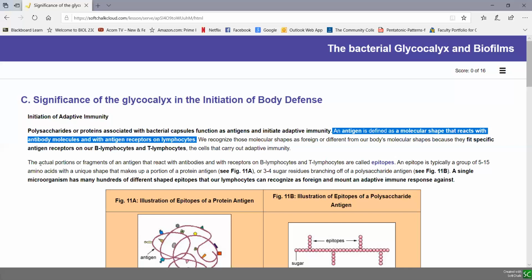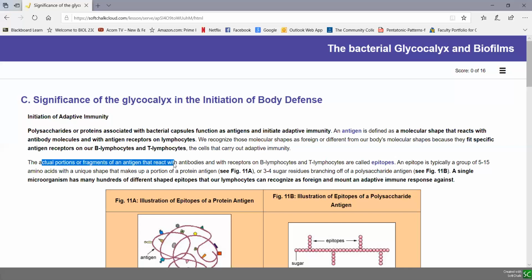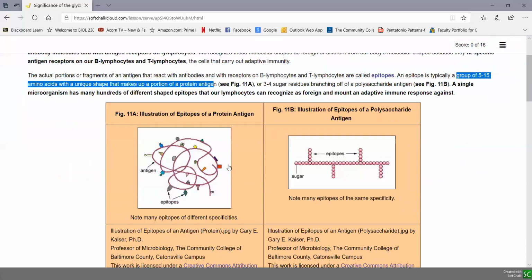And again, the actual portion or fragment of the antigen that binds to the antibody or binds to the receptors on B and T lymphocytes is called an epitope. And again, as we've said several times, an epitope might be a group of maybe 5 to 15 amino acids with a unique shape sticking out of a protein antigen, like we see in figure 11a, where along this long protein molecule, there'll be a few amino acids here sticking out that have this shape, a different order of amino acids here that have this shape, and another group of amino acids here that have that shape.